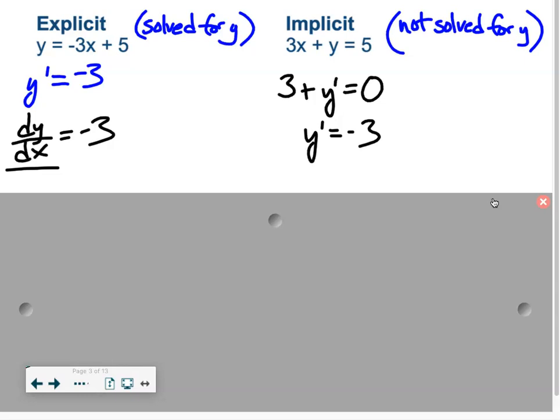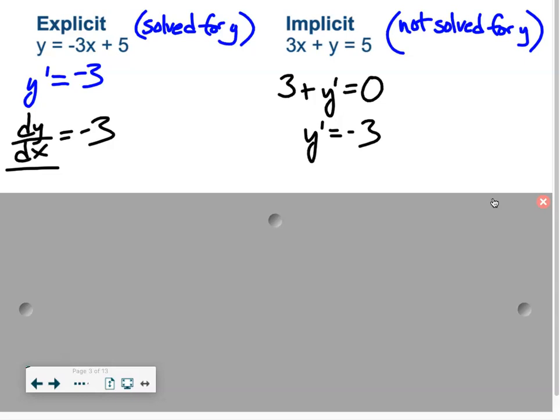So I could ask, what is the rate of change of my weight with respect to how tall I am? As I get taller, my weight probably gets bigger, right? It's the rate of change of my weight with respect to how tall I am.